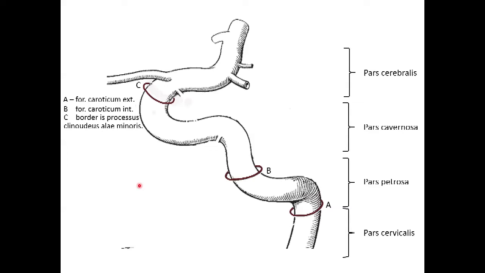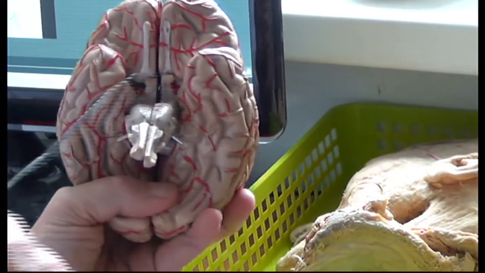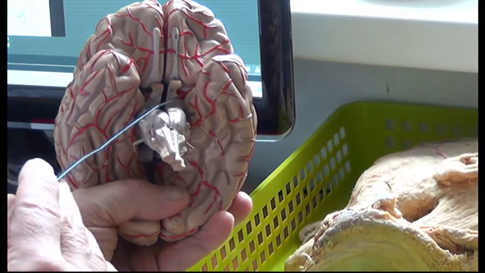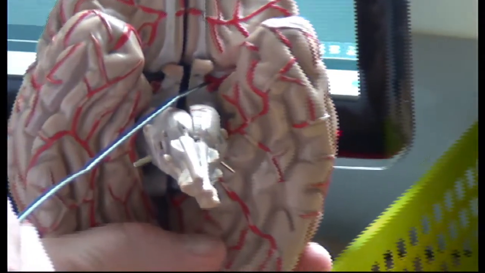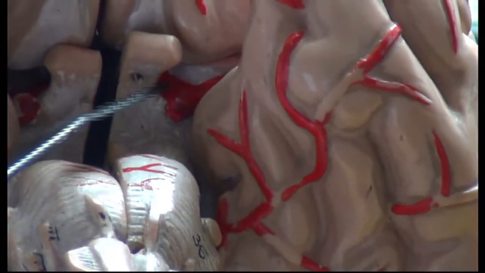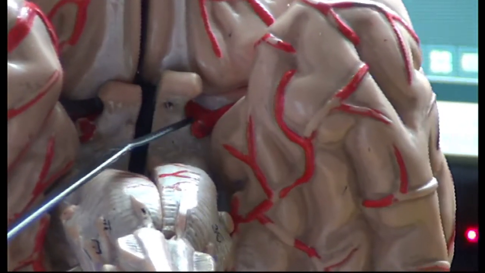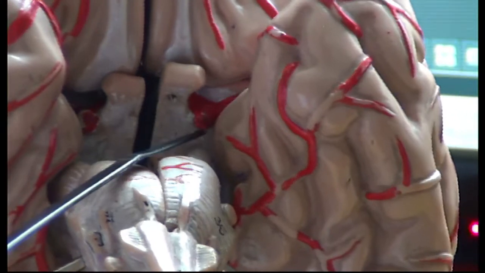Pars cerebralis we can find already on the brain. Practically in our rubber brain we can find this vessel. Here it is. It's arteria carotis interna. It's pars cerebralis.